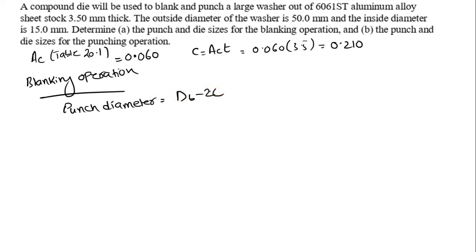You can go to our lecture where we discussed punching and blanking at the beginning of the sheet metal working operations. So we have 50 minus 2 into the clearance, 0.210, which equals 49.58 millimeter.